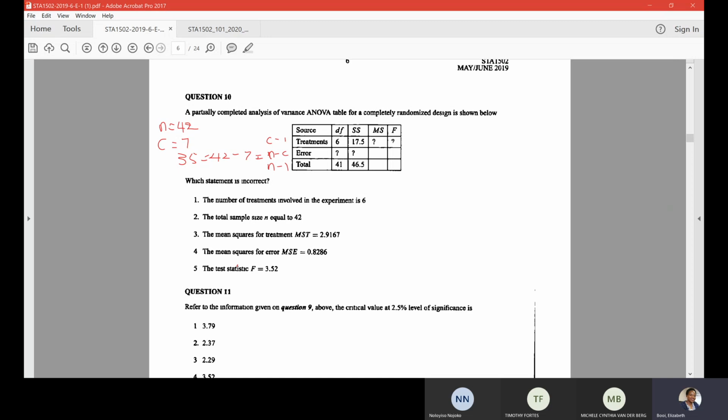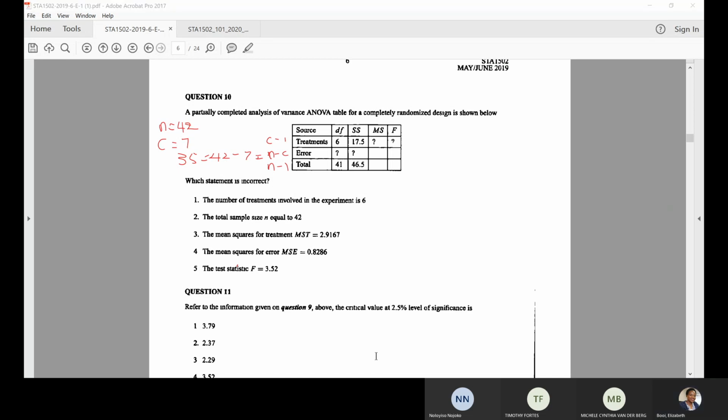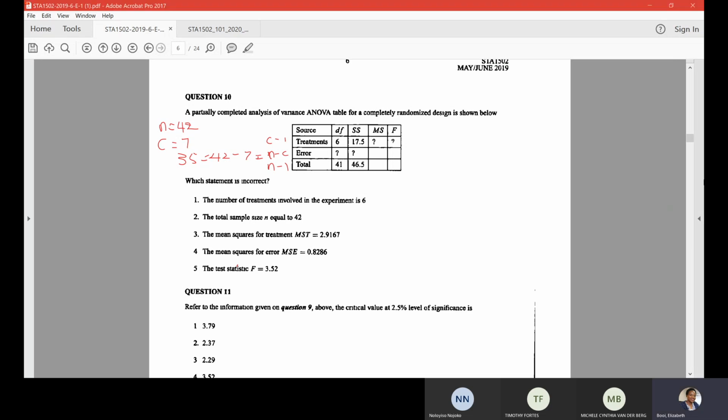And then you can answer all these other questions. The sum of squares for error we don't even have to go and find. We can just calculate it by saying 46.5 minus 17.5.